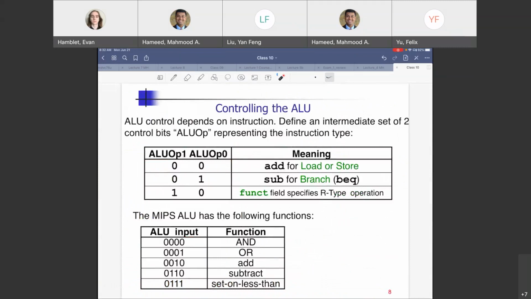Next, controlling the ALU. ALU control depends on instruction. We are going to define a set of 2 intermediate control bits called ALU op. What are these? These are essentially the output of main control.